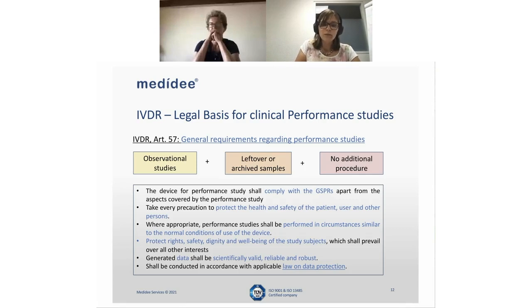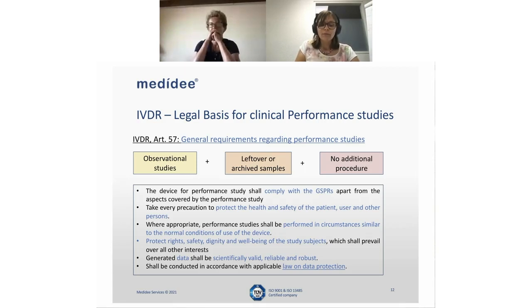But the general requirements would, for example, apply to observational studies. We will then talk about what these types of studies really are. Observational studies are performed using leftover or archived samples, where there is no additional procedure involved within the clinical performance study, other than, for example, collection of the sample to be tested.